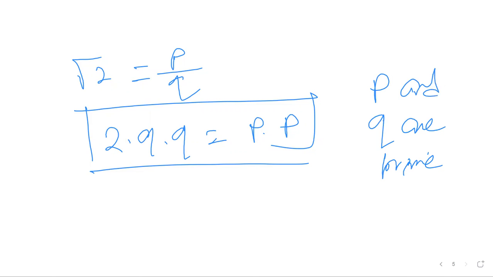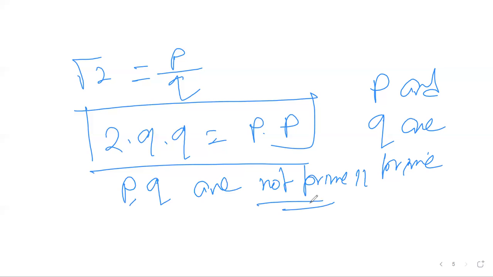It is not possible that a product of 3 primes equals a product of 2 primes. This contradiction comes from the fundamental theorem of arithmetic. So I have left the case when P and Q are composite, not prime numbers. I leave this case for you.